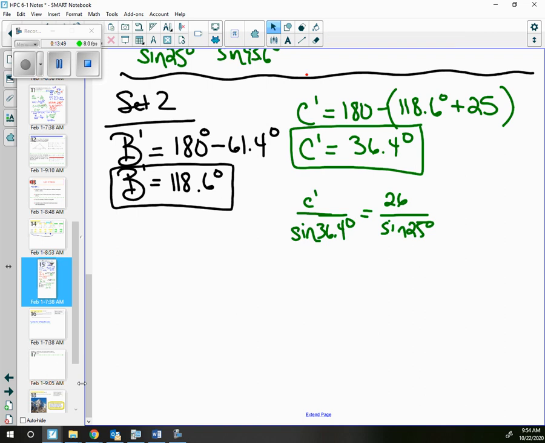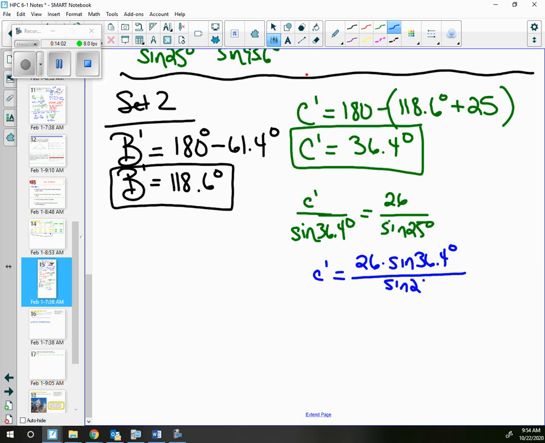So we do have to recalculate that new little c as well because it got shorter. So we cross multiply and divide. Our new side C would be 26 times the sine of 36.4 degrees divided by the sine of 25. All right, so go ahead and calculate that. It will be shorter, so go ahead, pause, and type that in. And I'm coming up with about 36.5 feet.